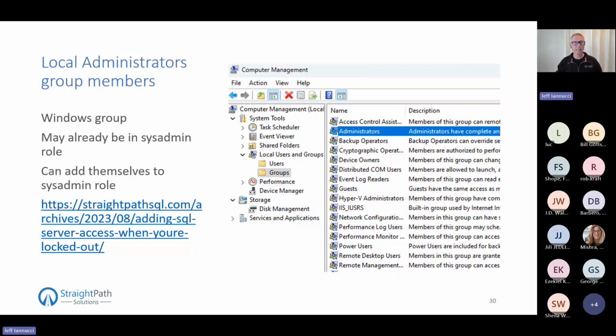And then you're in even though you didn't have any permissions before. Now, we wrote this post as a response for database administrators who say, hey, I got locked out of SQL Server. I need to get back in and change things. That's what this is for. But as you can understand, people might use that ability maliciously. So be very vigilant about who is in your local administrators group.